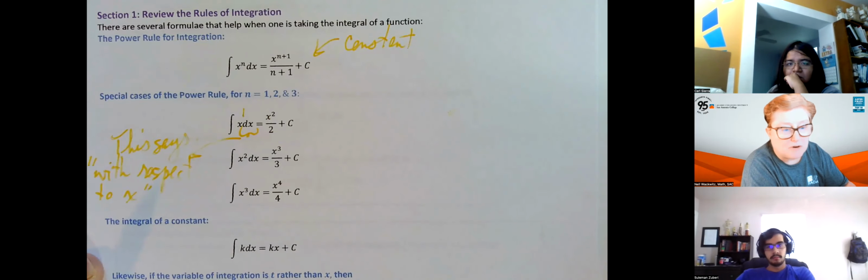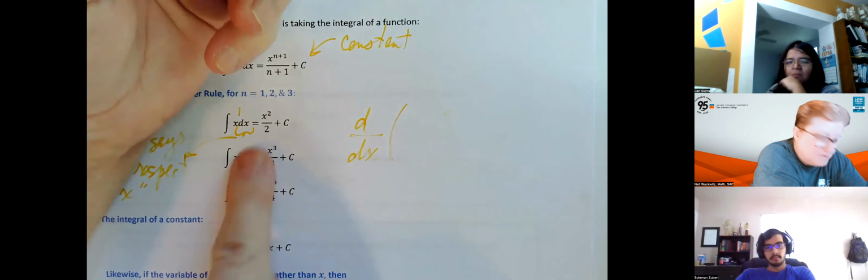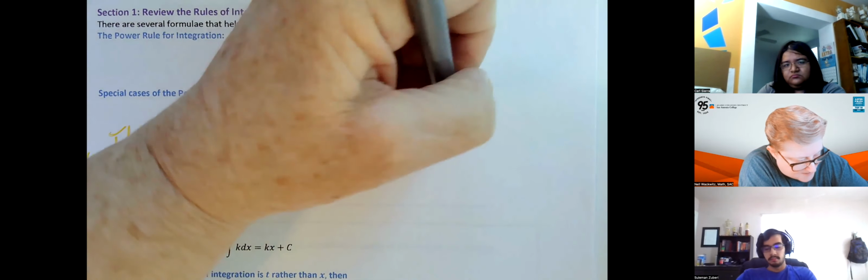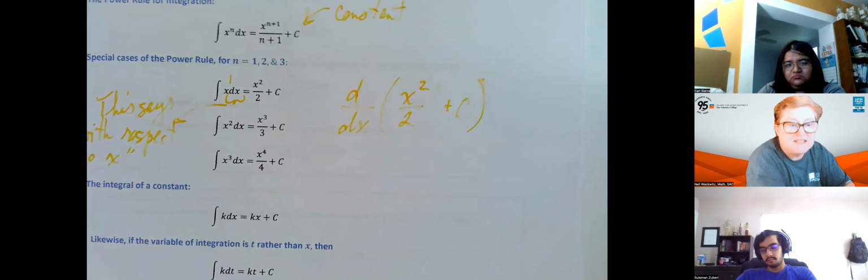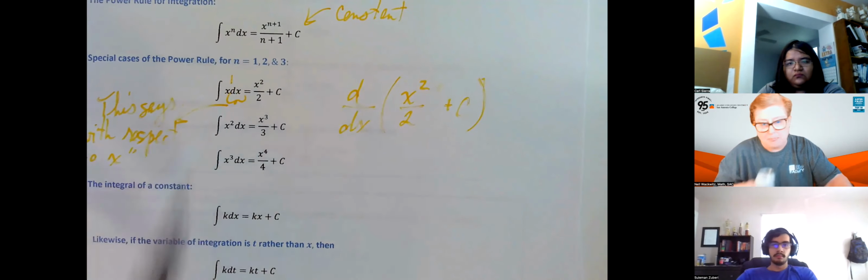Now let's see why that works. If we take the derivative with respect to x of x squared over 2 plus any constant, well, since integration is the opposite of differentiation, we should get back to x.